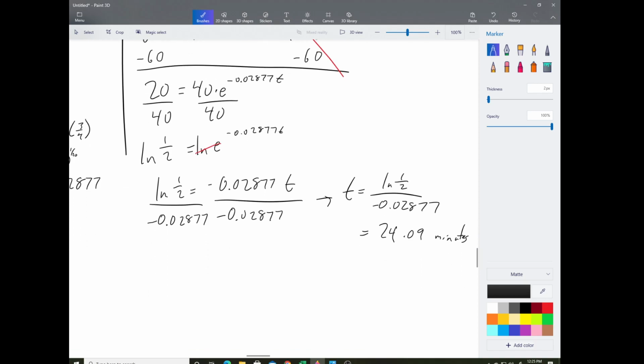Now that does mean 24.09 minutes from the beginning, from when you brought it in. So if we're asking how much longer will it take the object to cool, remember it took 10 minutes to cool the first 10 degrees.